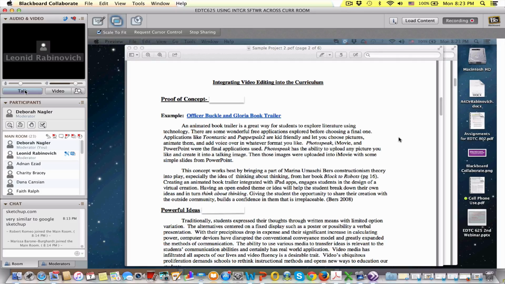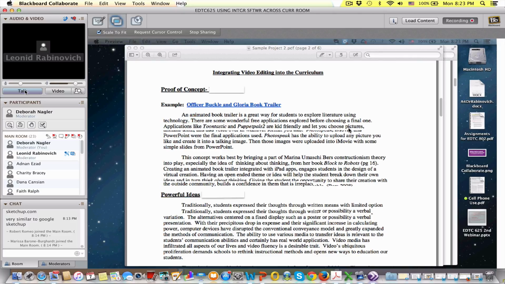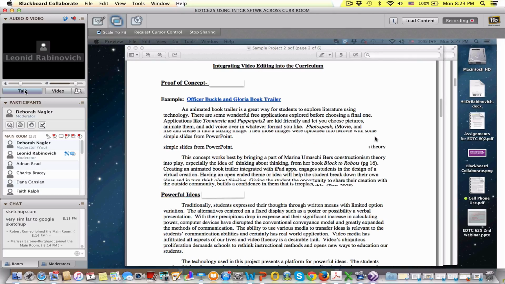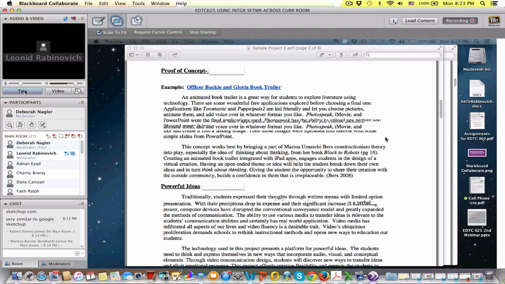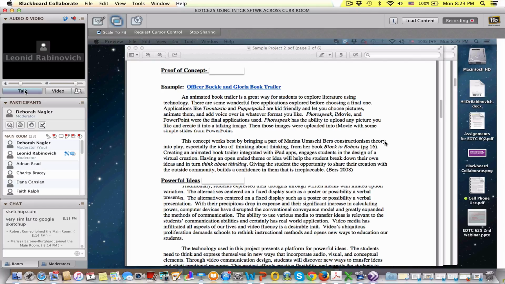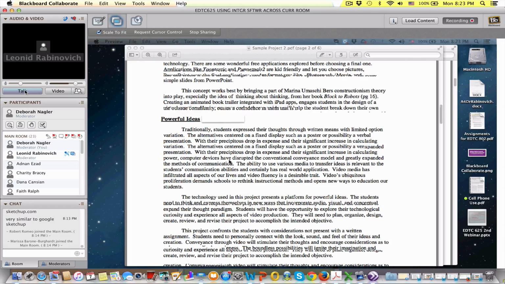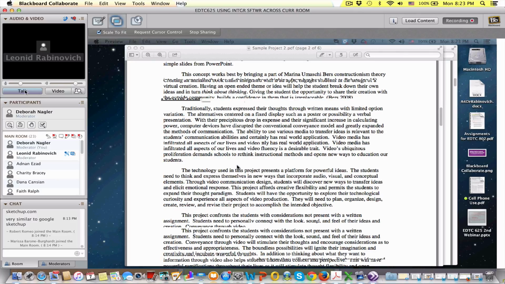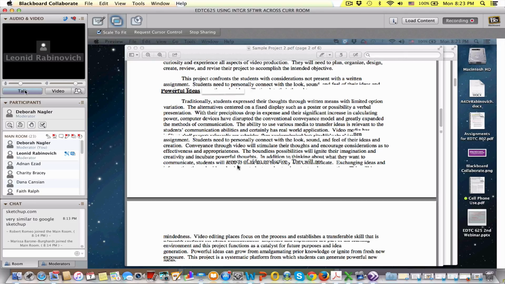There are a lot of very good web-based applications now. They also talk about standard applications, but it's not the application at this point. It's the concept of using it for teaching and learning. So again, same thing. They provide powerful ideas, and they gave a very good overview of that.